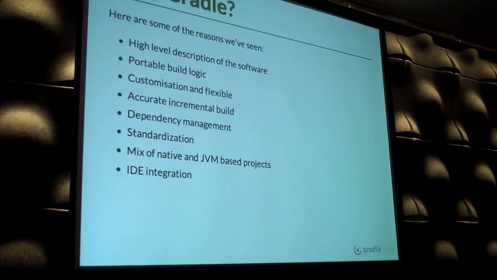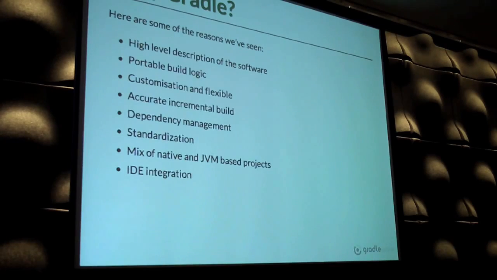It's a rich model, so it's flexible, so you can wire those binaries together however you like. You can go with the conventions, you can change the conventions, you can do your own thing. You can drop right down to the compiler level and say these flags for the compiler, these flags for the linker, for this particular binary, these dependencies for that particular binary, that source.